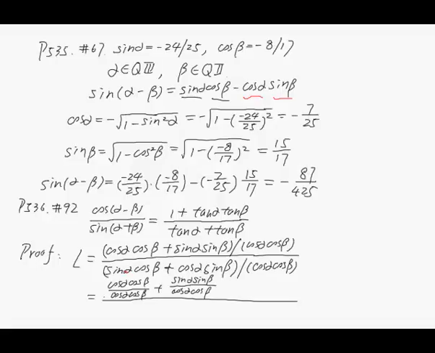And then the denominator, the first term divided by cosine alpha cosine beta, you have the sine alpha cosine beta over cosine alpha cosine beta, and plus cosine alpha sine beta over the cosine alpha times cosine beta. Now you can simplify.